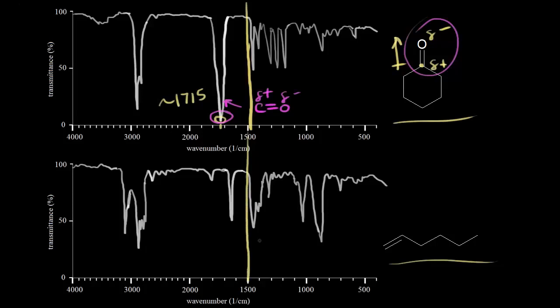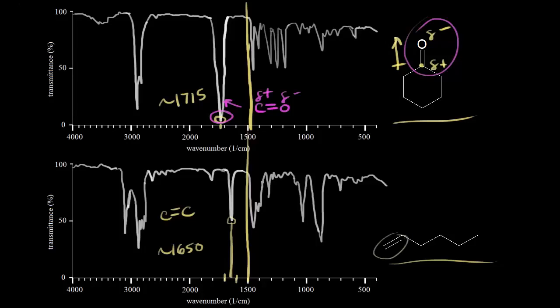If we look in the double bond region, we see this signal right here. If we drop down, the signal is about halfway between 1600 and 1700, so we'll say approximately 1650. That's the carbon-carbon double bond stretch, the double bond here on 1-hexene.